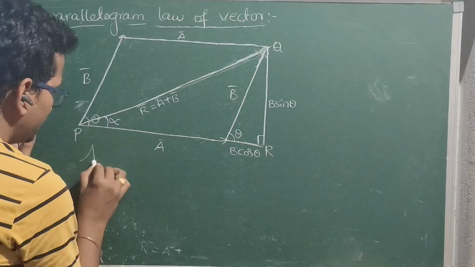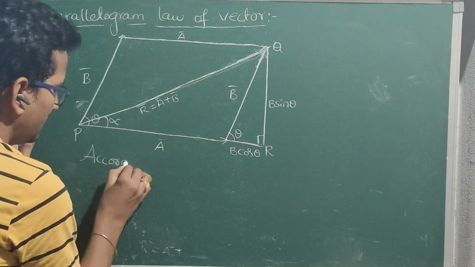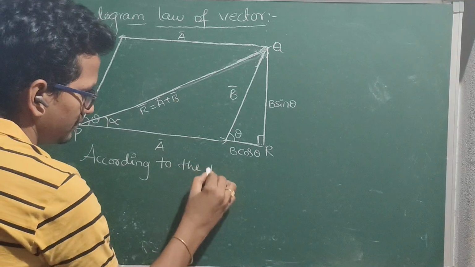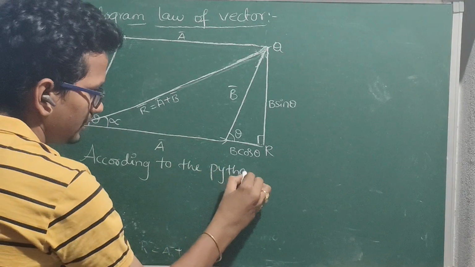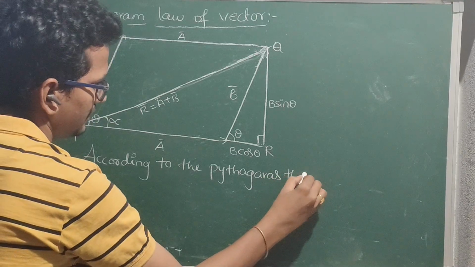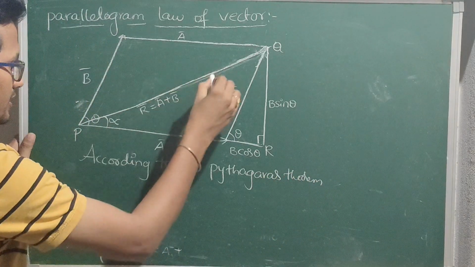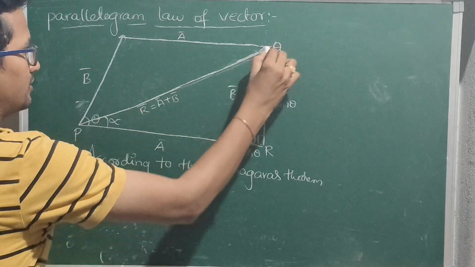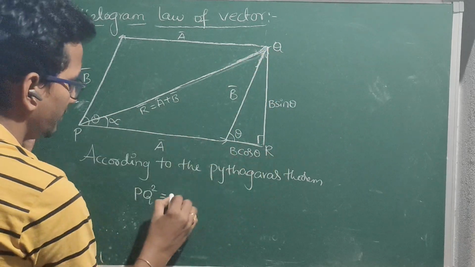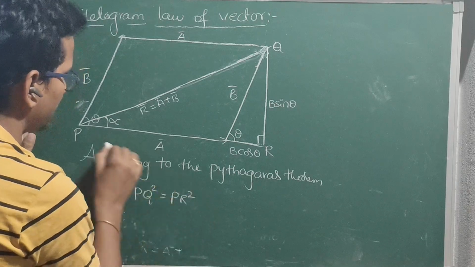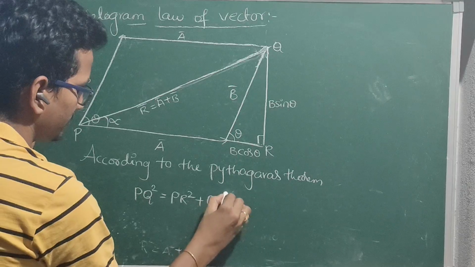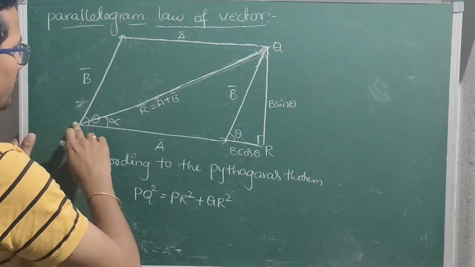Here PQ is the hypotenuse. Hypotenuse square is equal to side square plus side square, that is PR square plus QR square.